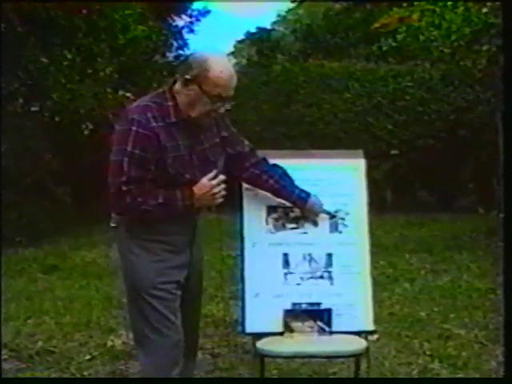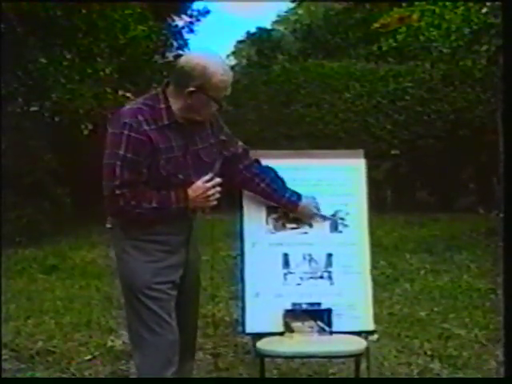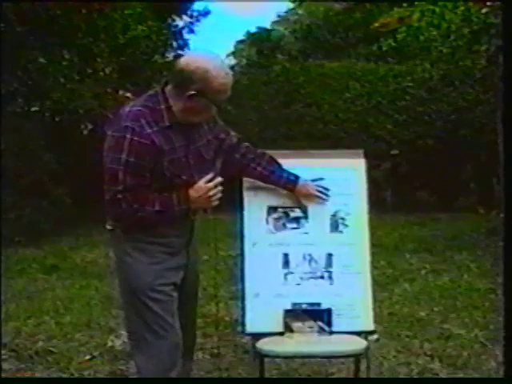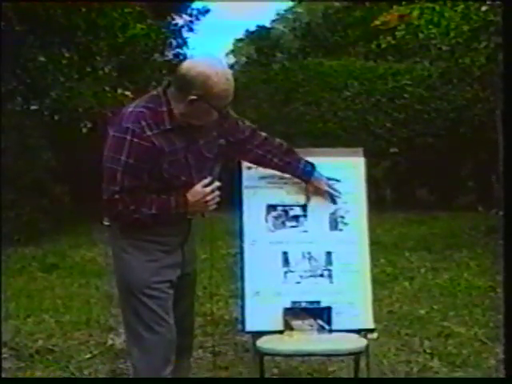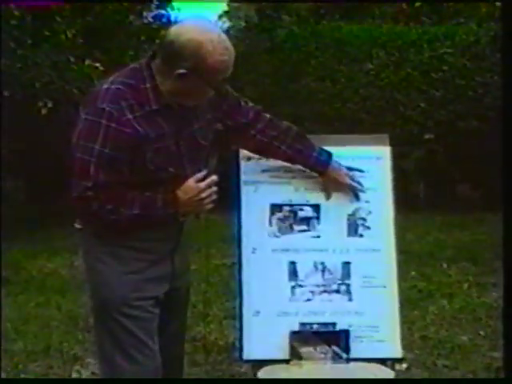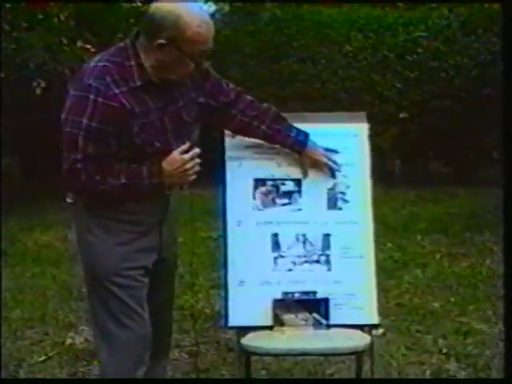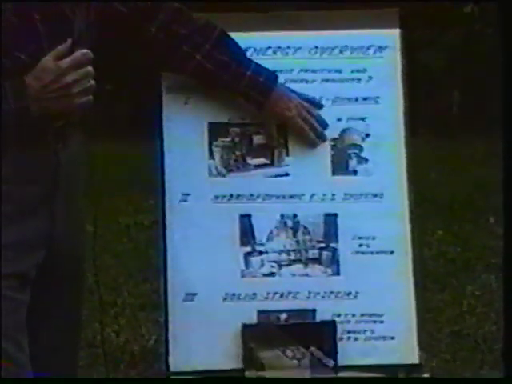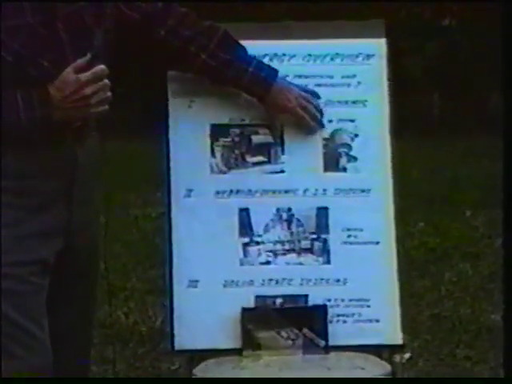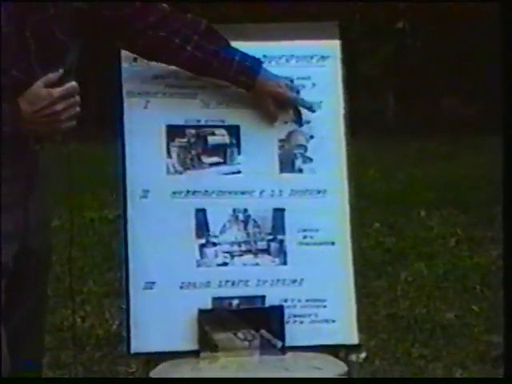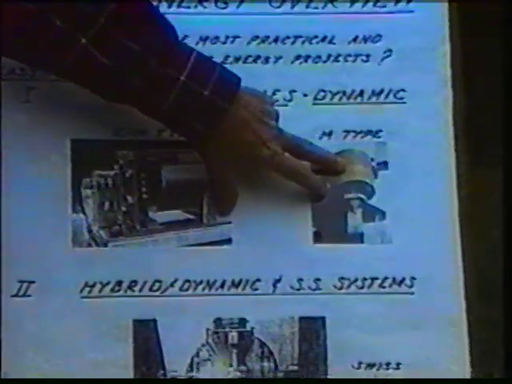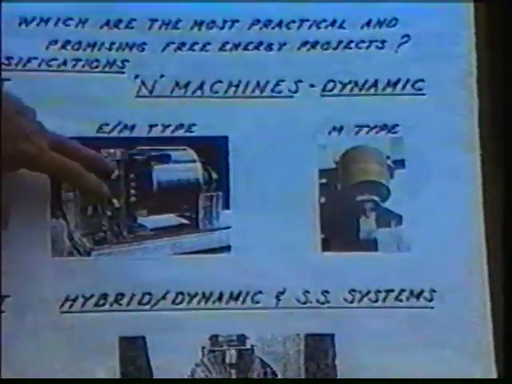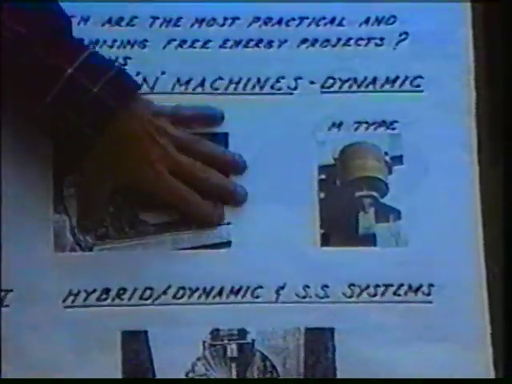Then we have the fully magnetic type, which uses permanent magnets in them. So these both work quite well, and these are non-inductive machines, and they are not like our regular motors and generators that utilize Faraday's induction. These do not have external coils. They produce a magnetic field by direct interaction with space energy, so they are non-inductive.